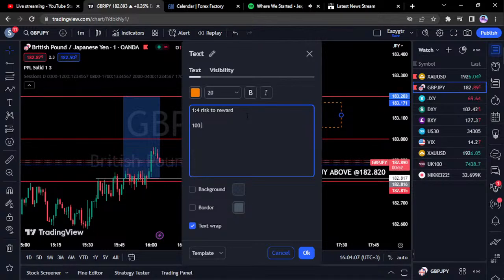In the span of 100 trades, let me calculate it on my phone.